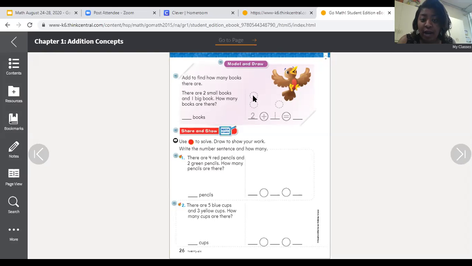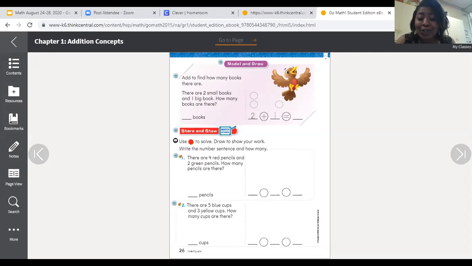And I have drawn right here. So 2 plus 1 equals blank. I drew 2 small books. That represents my small books. Here's my 1 big book. 2 and 1 equals 1, 2, 3. I'm going to write the number 3 here, and I'm also going to write the number 3 here.